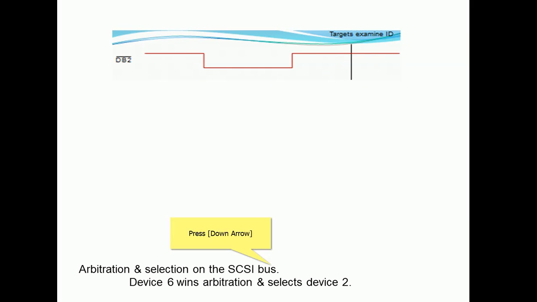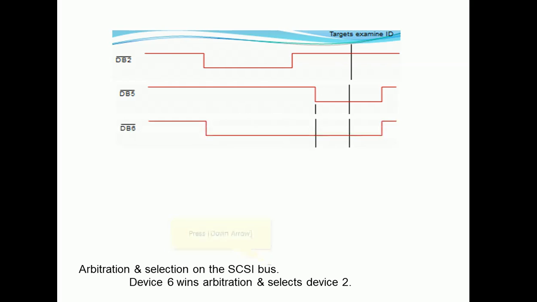Here DB2 is device 2, DB5 is device 5, and DB6 is device 6. These three devices are competing for the bus. In arbitration and selection on the SCSI bus, device 6 wins the arbitration but selects device 2.